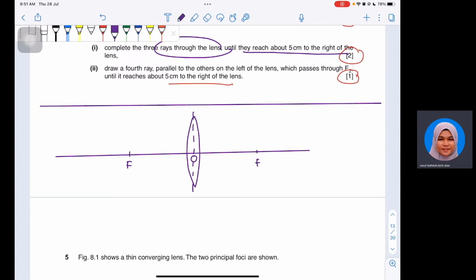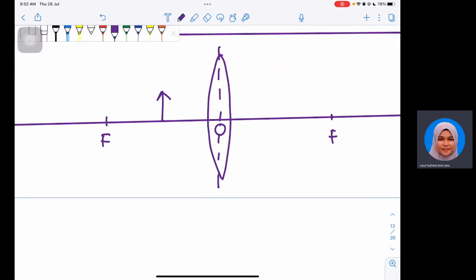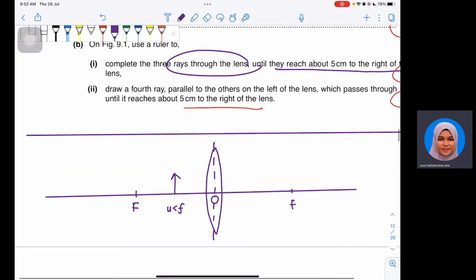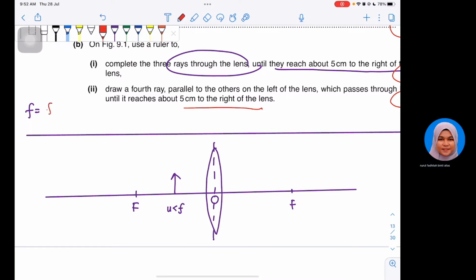Perit ni tekak. Diam, jangan bising. You tengok je. So, sekarang ni objek dekat sini. Now, where do I position the object? So, saya kata position of the object now is U less than F. Okay, dekat sini you kena tahu apa maksud F. F small letter adalah focal length.